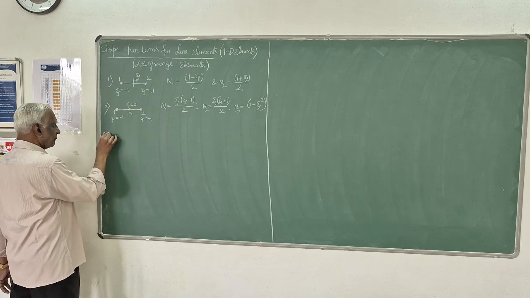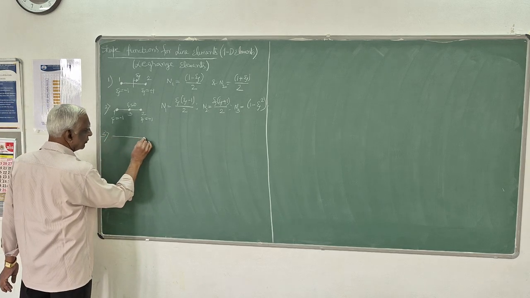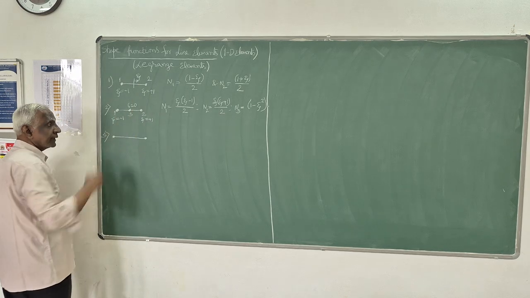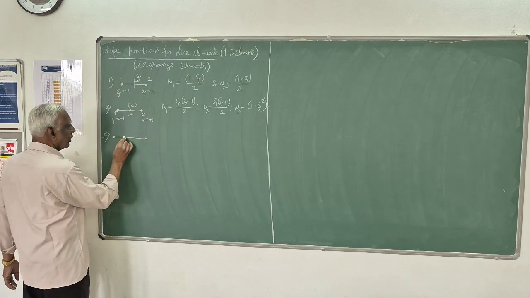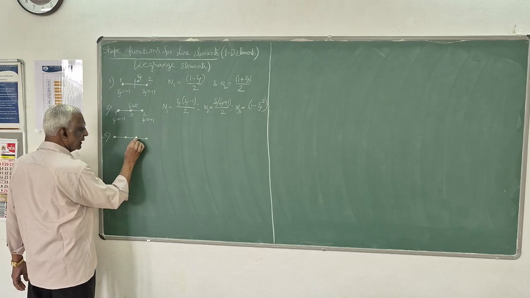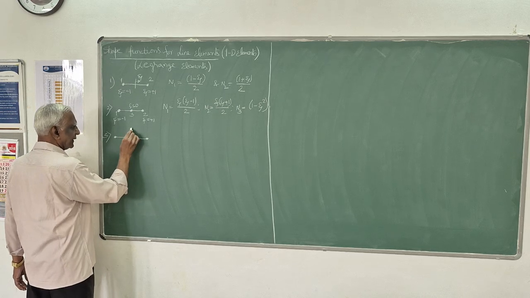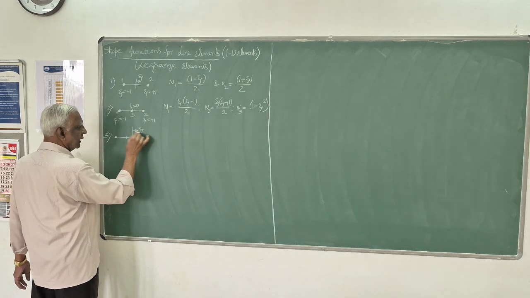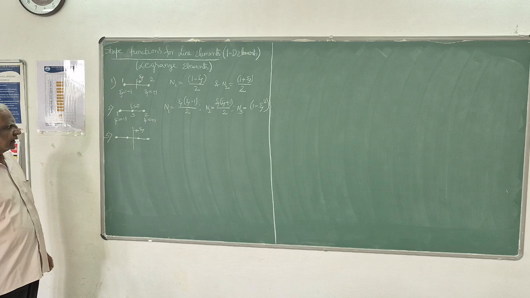Now we will take up the derivation of the same shape functions by Lagrange formula for 4-noded element, that is cubic element. For cubic element, we will derive the shape functions.